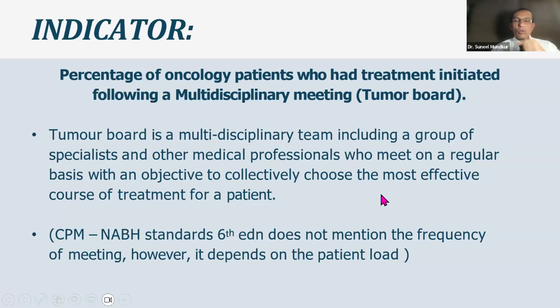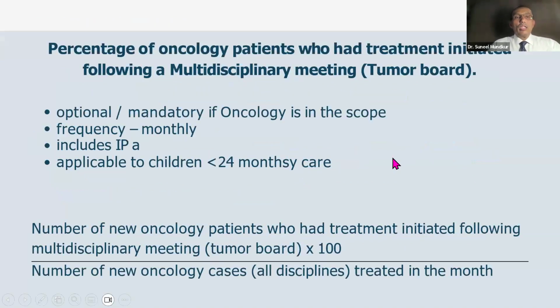So that's probably why they have not mentioned the frequency of clinico-pathological meetings, especially for the tumor board. It is optional, but mandatory if oncology is in the scope, whether you have medical, surgical oncology, radiation oncology, palliative oncology, or any combination or singly, you have to discuss on the tumor board.